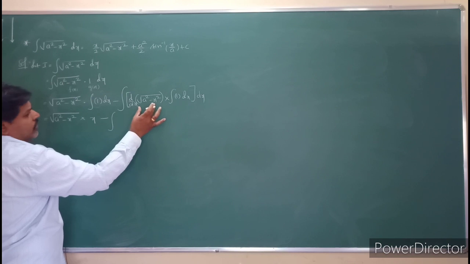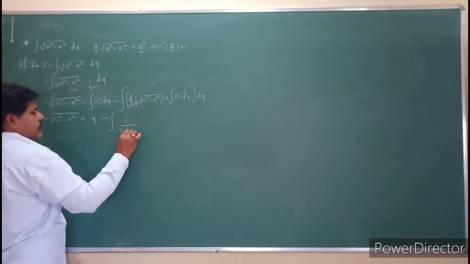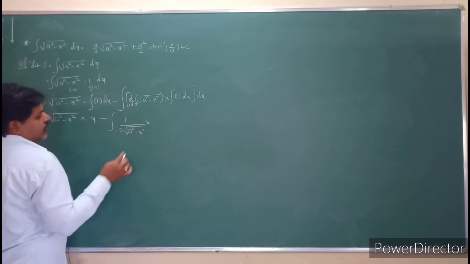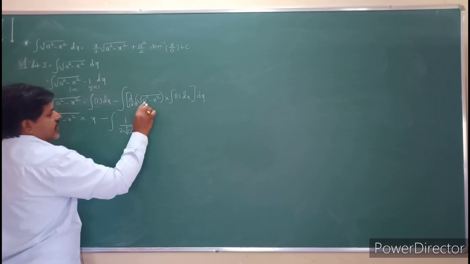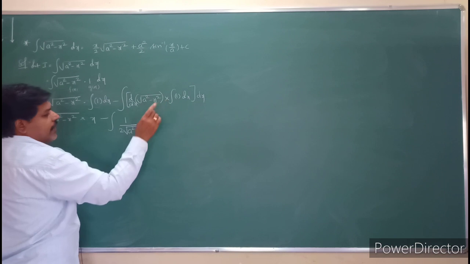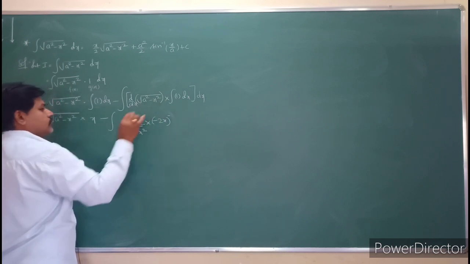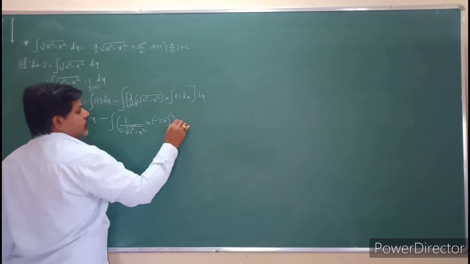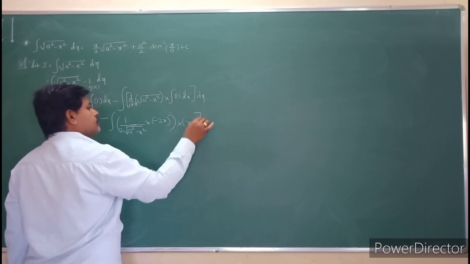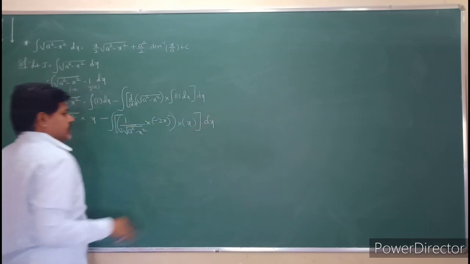I have already told that one. The derivative of root x is 1 by 2 root x, so here it is 1 by 2 root of a square minus x square into the derivative of a square minus x square. The derivative of a square is 0, and the derivative of minus x square is minus 2x, into integral of 1 which is x, into dx.